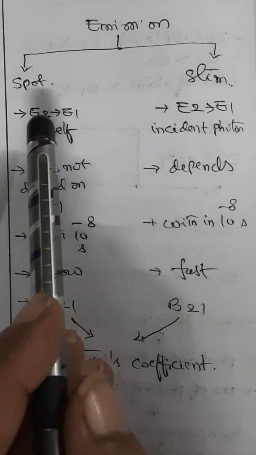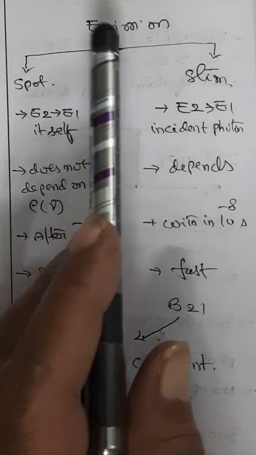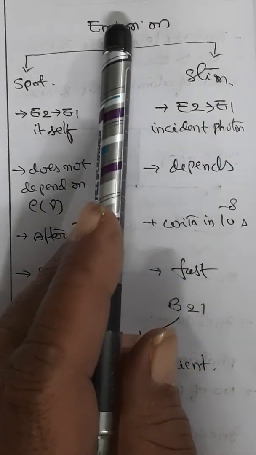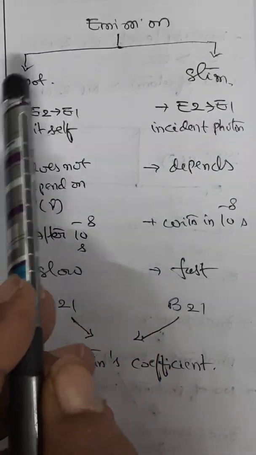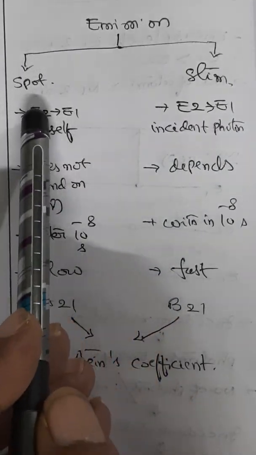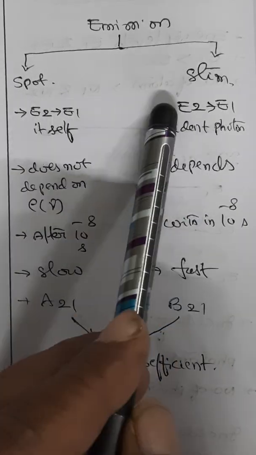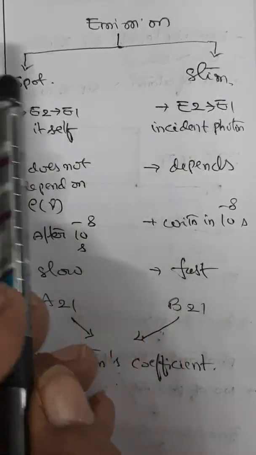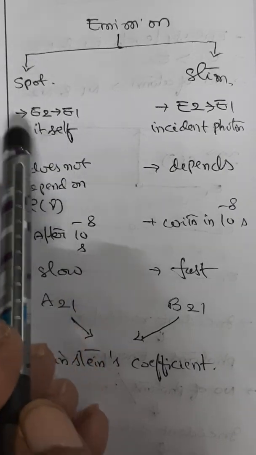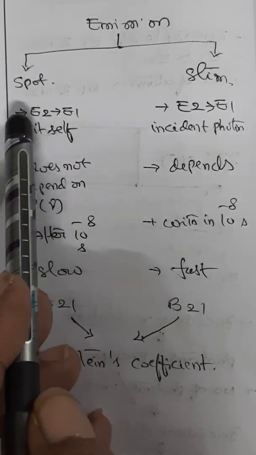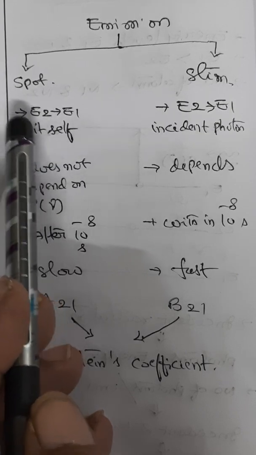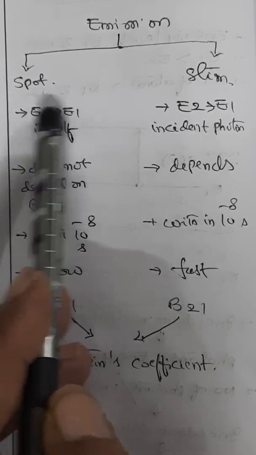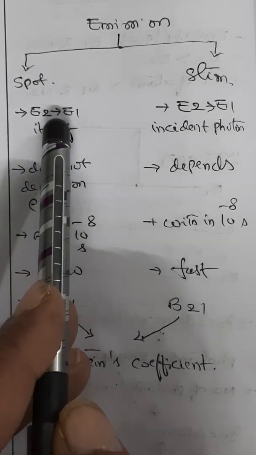Please remember, both spontaneous emission and stimulated emission make the transition happen from E2 to E1 only. The only difference is, spontaneous emission takes place when an atom in a higher energy state transits to a lower energy state by itself.